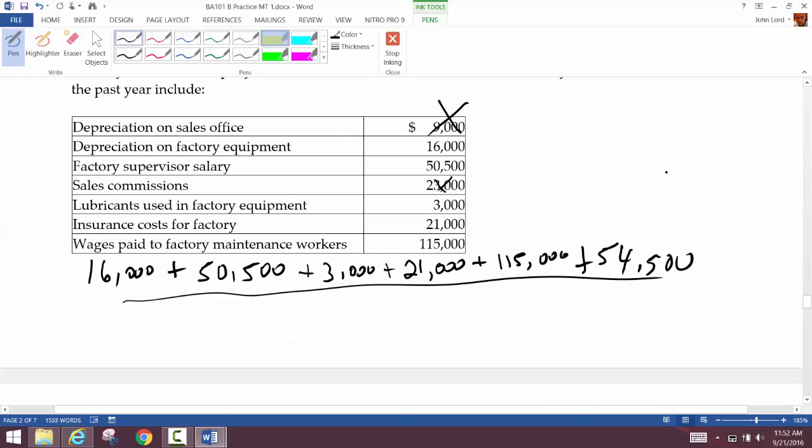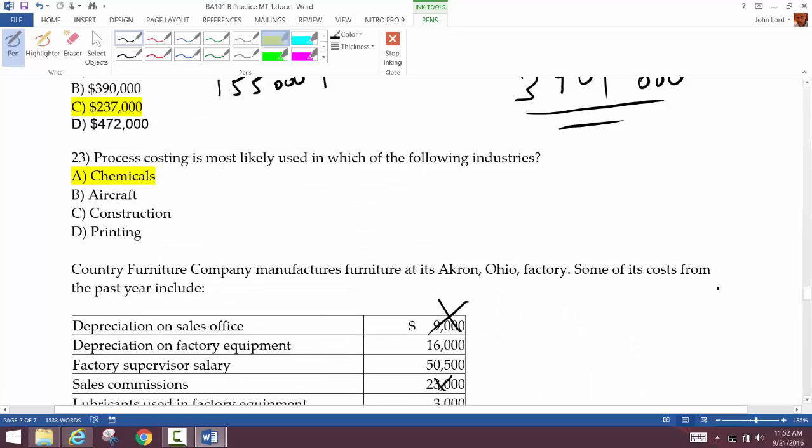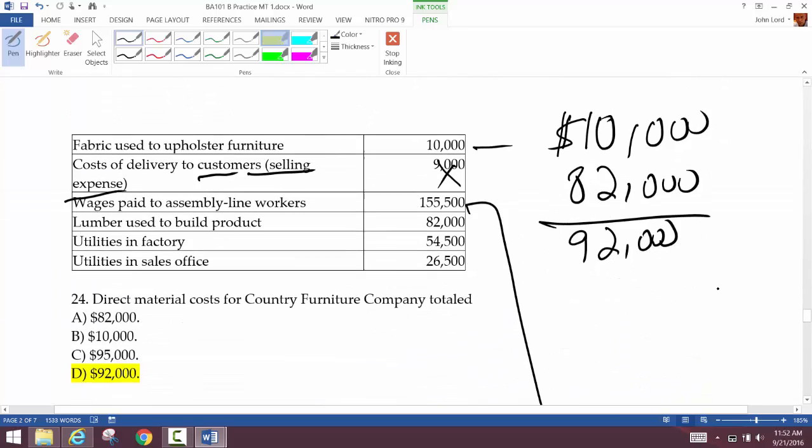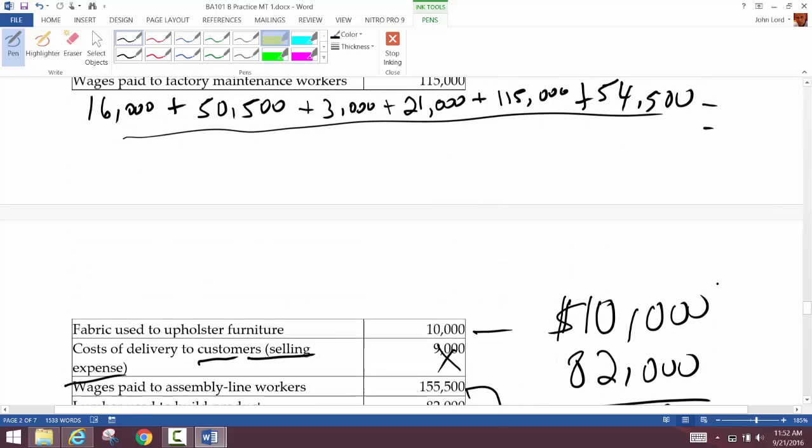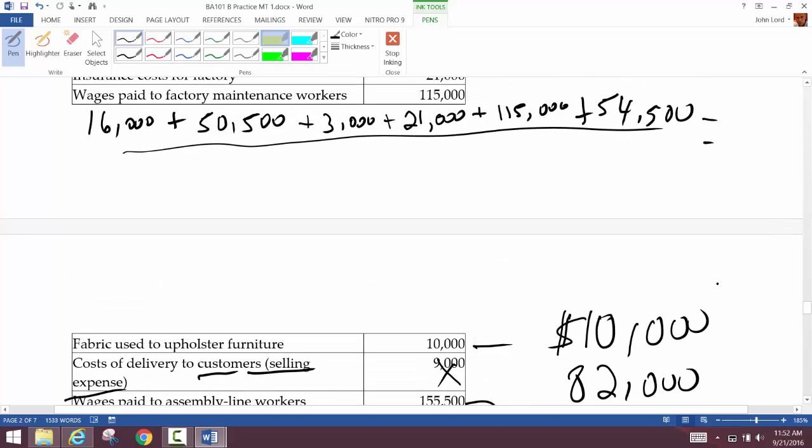So I add all those up, and do I come to the correct answer here, which was 260,000? Somebody verifying that for us? 16 plus 50,500 plus 3,000 plus 21,000 plus 150,000 plus 54,500.